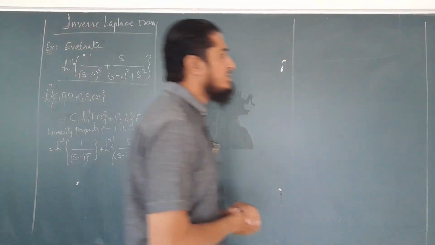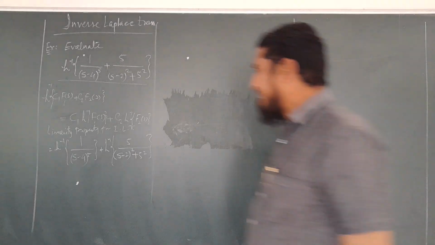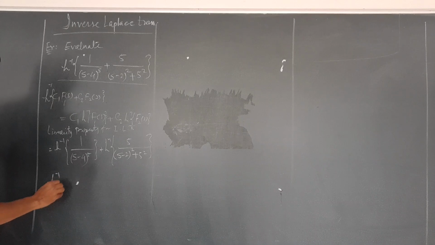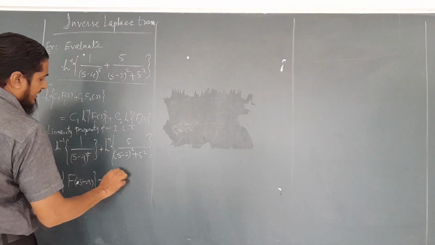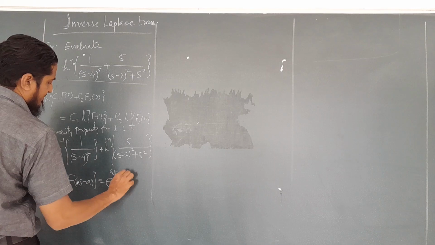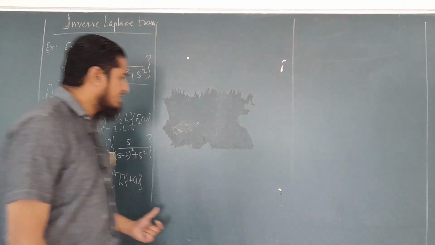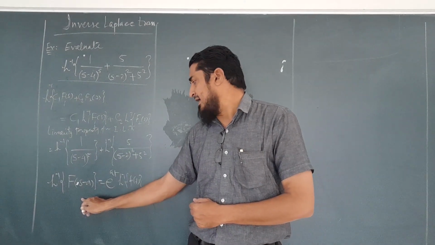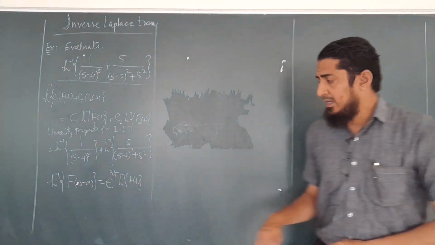The first shifting theorem tells us that the inverse Laplace transform of f of (s minus a) gives e raised to at times the inverse Laplace transform of f of s. We have already proved this theorem: the inverse Laplace transform of f of (s minus a) is equal to e raised to at times f of t.